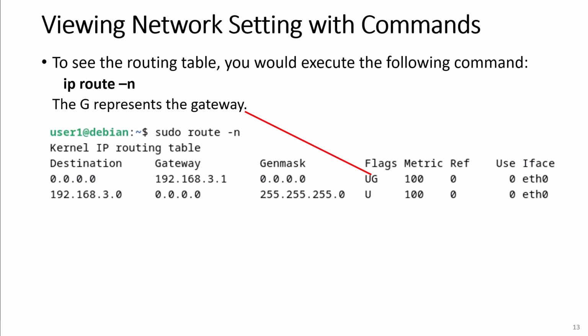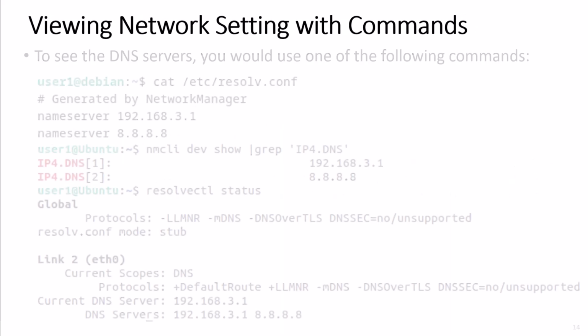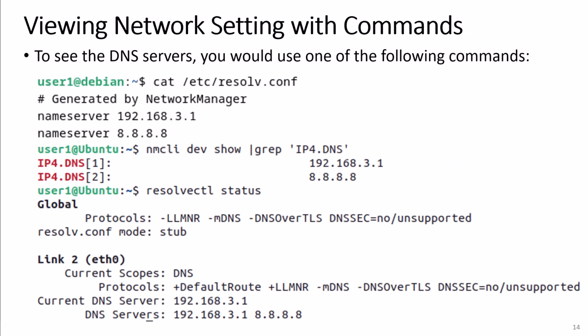The G represents the gateway. To see the DNS servers, we'd use cat /etc/resolv.conf, nmcli dev show | grep ipv4.dns, or resolvectl status.